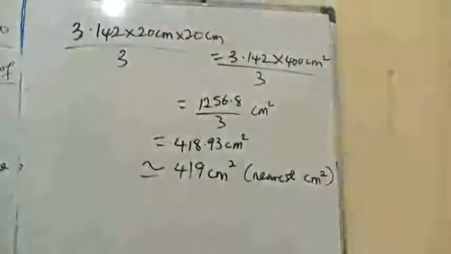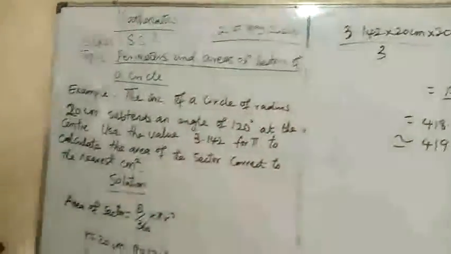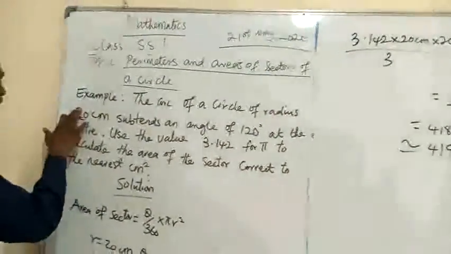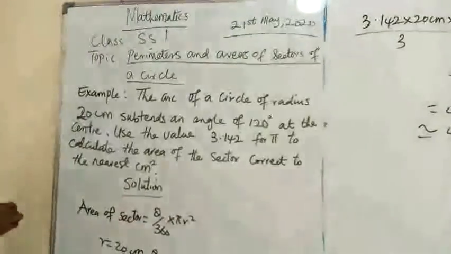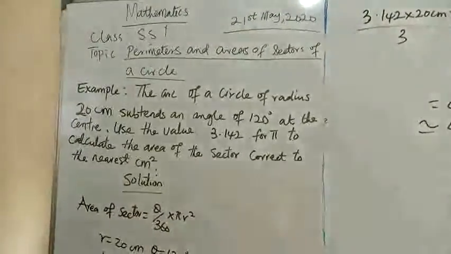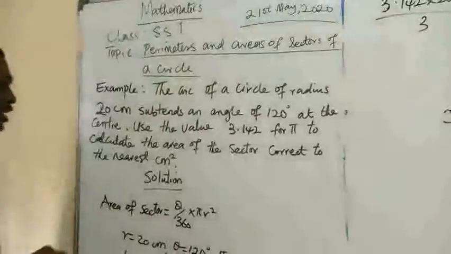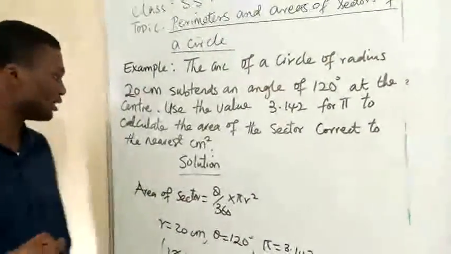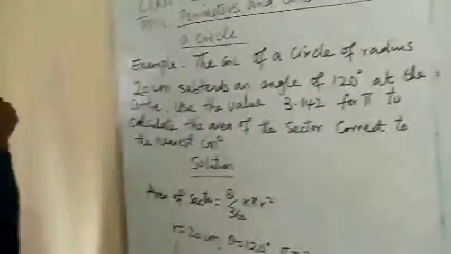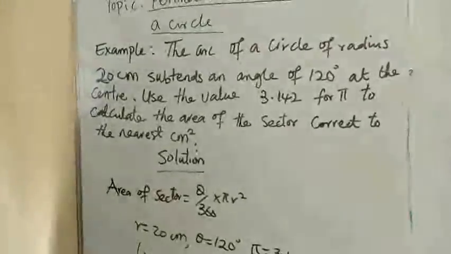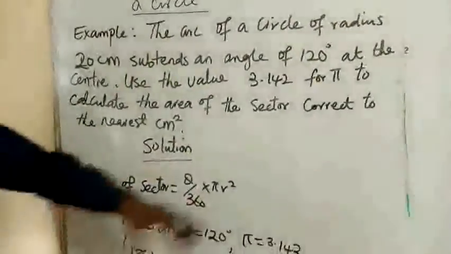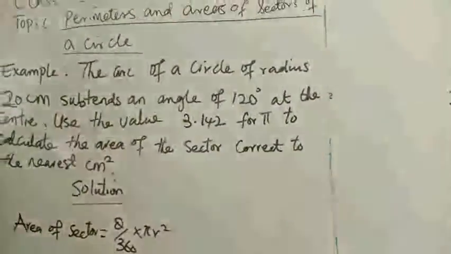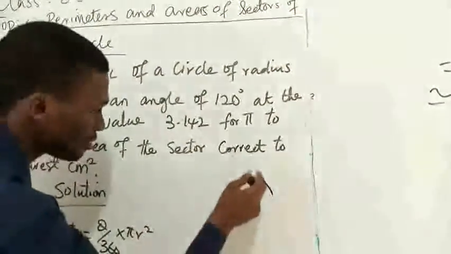The arc of a circle of radius 20 cm subtends an angle of 120 degrees at the center. Use the value 3.142 for pi to calculate the area of the sector correct to the nearest centimeter square. You can draw the diagram if you wish, the same process we have been using.